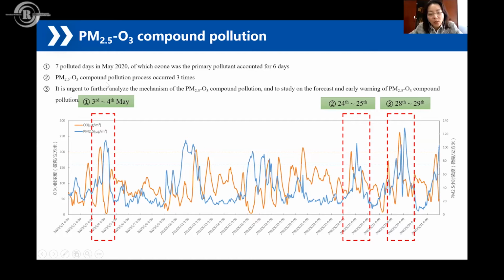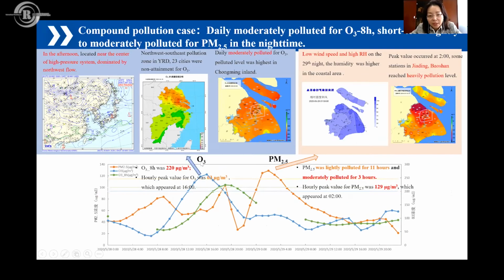This is quite the latest information on the pollution days this year, in which ozone has already become the primary pollutant. Usually in such a situation, the weather condition is bad, which means the wind speed is quite low.